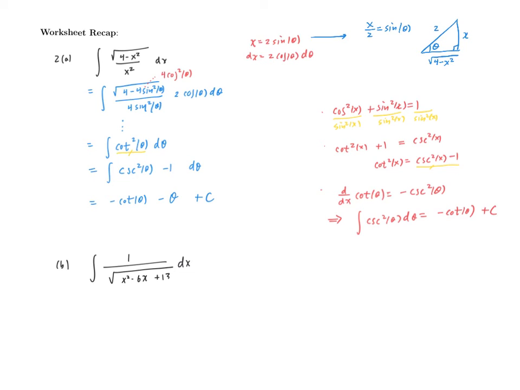Furthermore, if we want to get just a theta, we need to evaluate the inverse sine of both sides. So we have minus cotangent, and cotangent is adjacent over opposite, minus theta, which is arc sine of x over 2, all plus c.